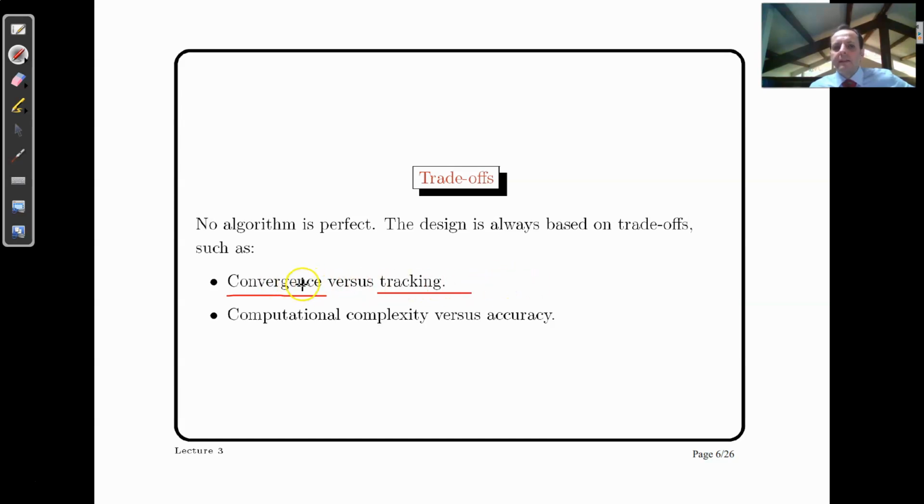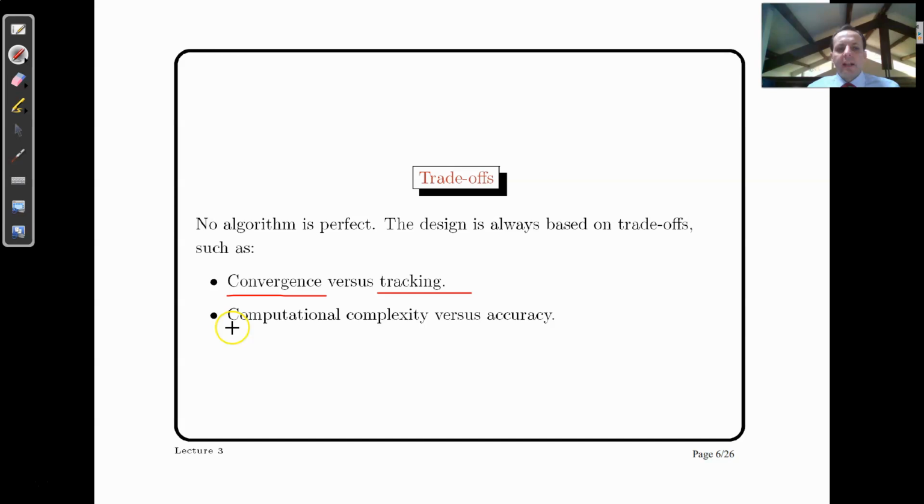So the speed of your estimation is in contrast with the accuracy of the tracking. The faster your convergence is, the more inaccurate your estimate is. So you need to decide a trade-off between the speed of the convergence and the accuracy of your tracking.